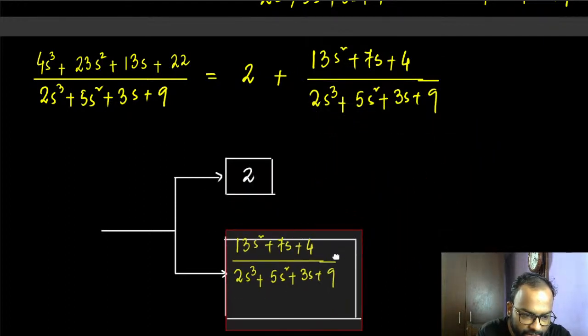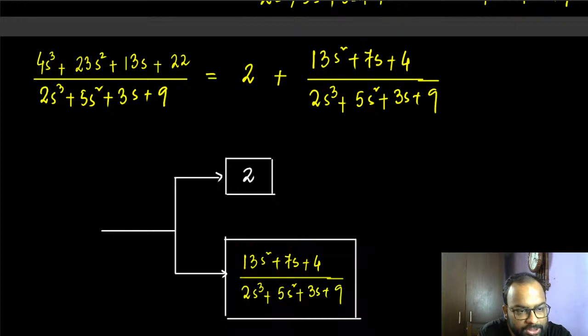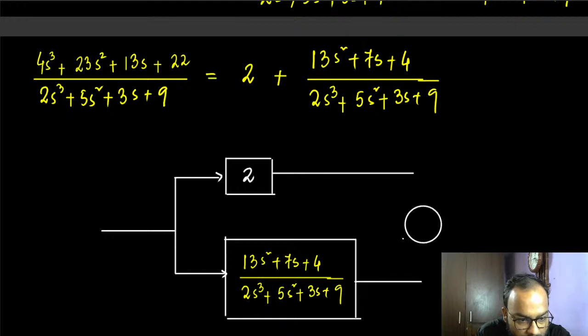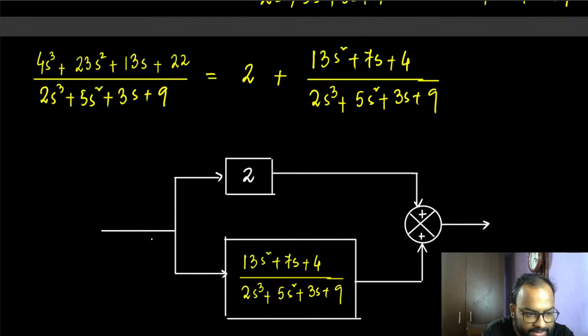And the outputs of these two are combined in a summing block. These are all plus here, and that's the output. This is exactly what it is describing. So this is U, and this is the output Y.